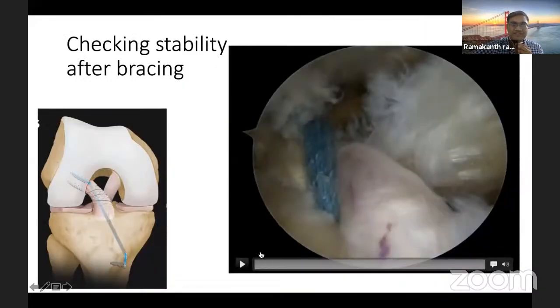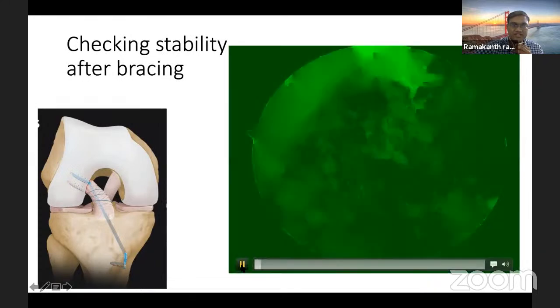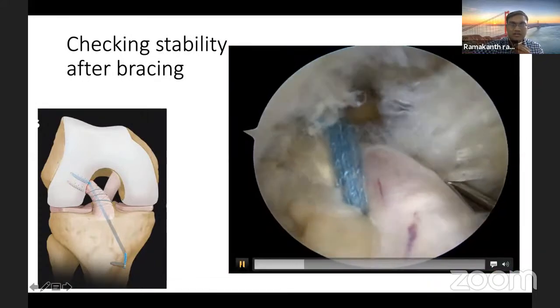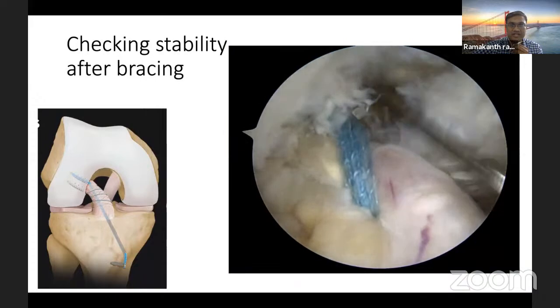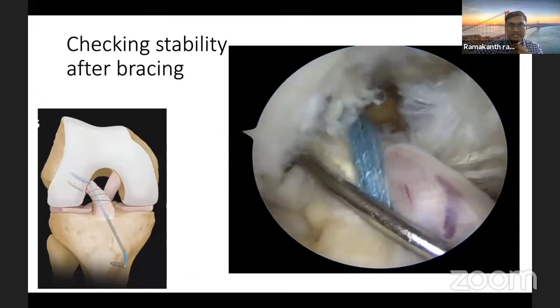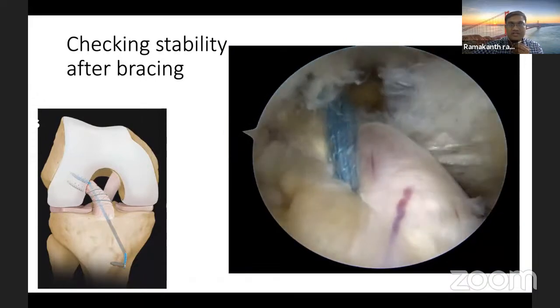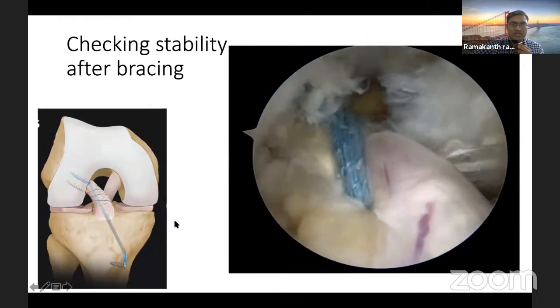So this is after insertion of the knotless suture anchor anteriorly with the internal brace intact. This is the stability along with the internal brace.